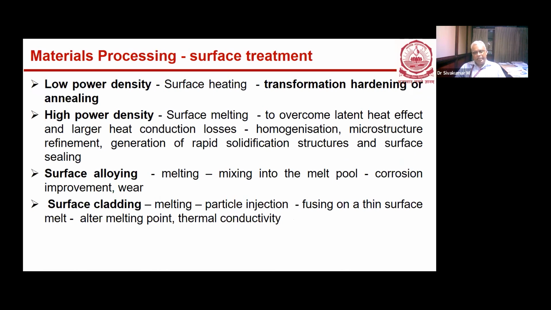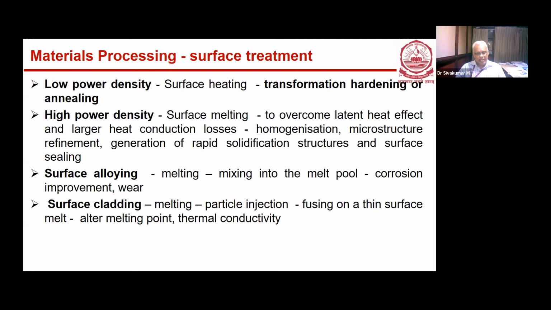If the machine is working continuously for 24 hours, a certain part of the piston works continuously, so there will be some wear and tear of that portion. So what people have to do is harden the surface of that area, that is, alter the material only on the surface. How to do that? Lasers make it possible. If you just irradiate the portion, then that portion alone will be hardened.